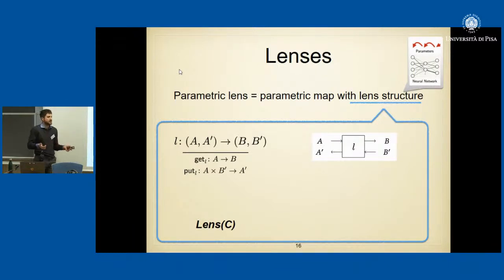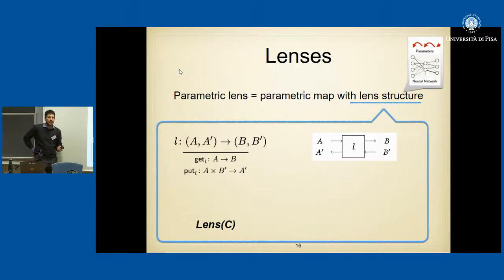If you want to express this idea in categorical terms, you will say that a lens on a category C goes from a pair of objects (A, A') to (B, B') in such a category, and will be a gadget with two morphisms. One is a get map from A to B, so it refers only to the first components in these two pairs. And the second is a put map that goes from A times B' to A'.